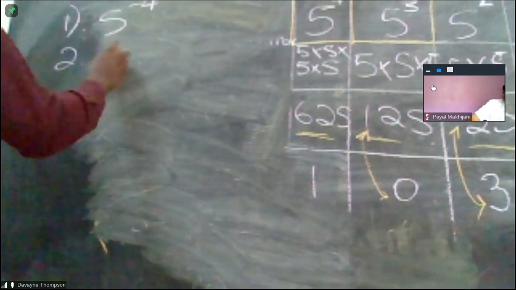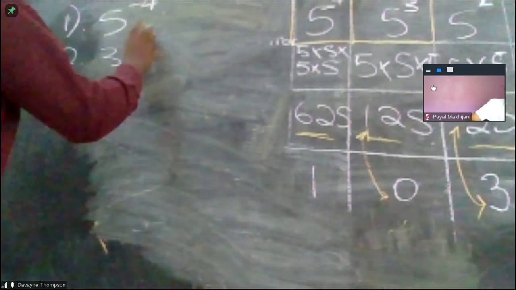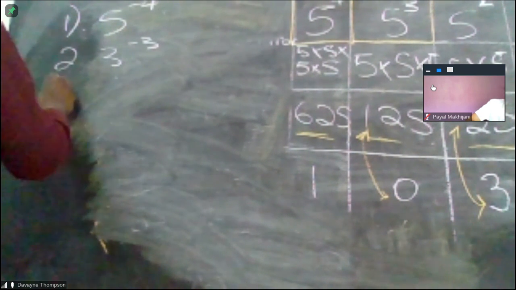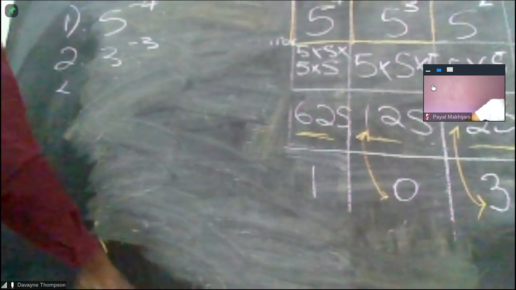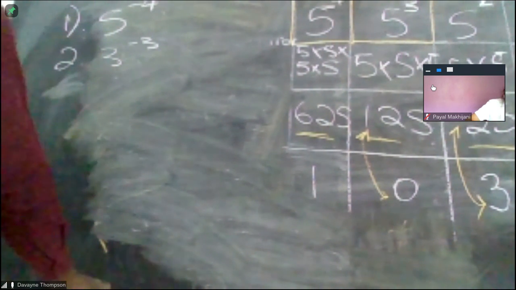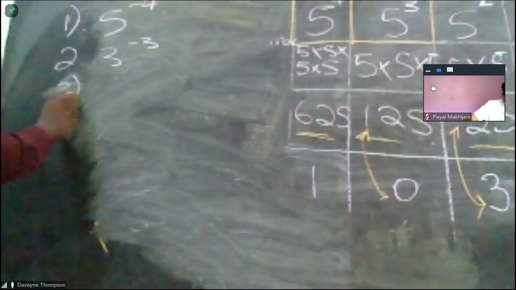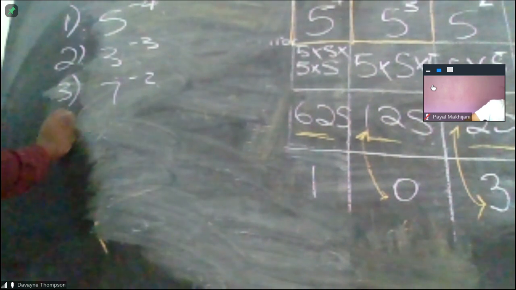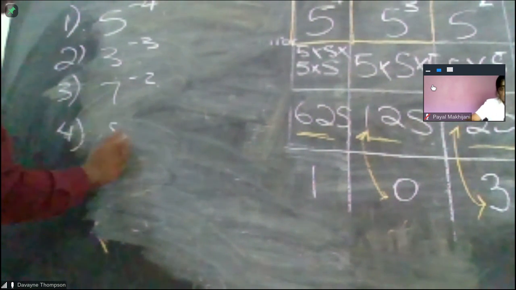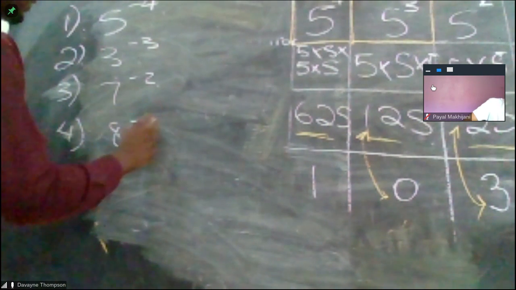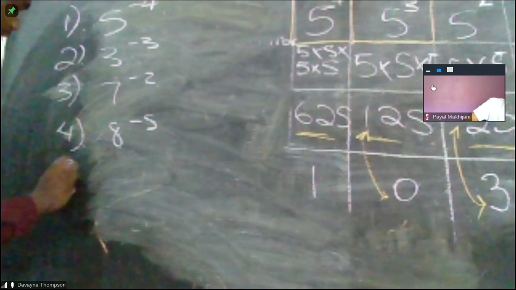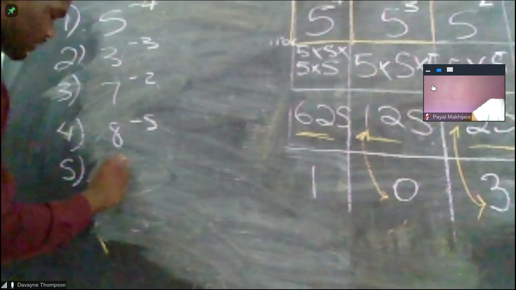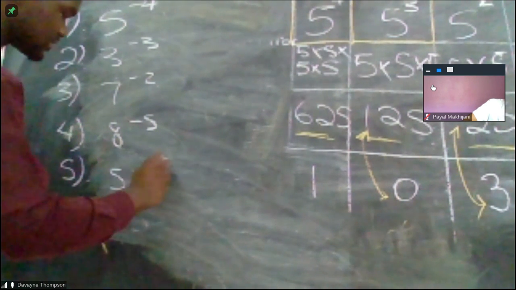Question 2, 3 to the negative 3. Question 3, 7 to the negative 2. Question 4, 8 to the negative 5. And finally, question 5, 5 to the negative 7.